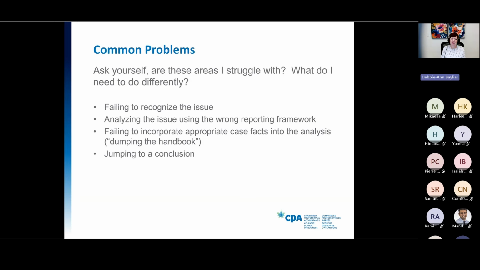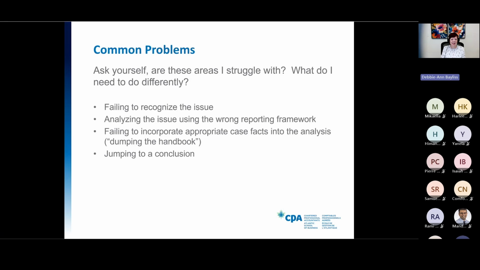The Board of Examiners have found that many candidates have failed to incorporate the appropriate case facts into their analysis. So what they've done is simply copied and pasted large sections from the handbook for the criteria, but they have not applied the relevant case facts to support the rationale that the criteria is met.